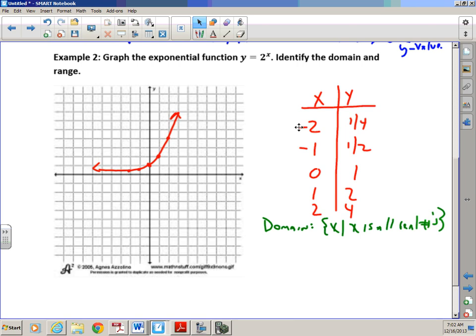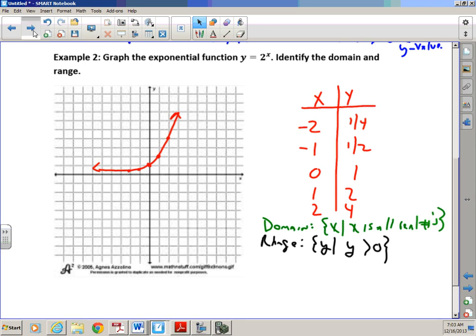And if you notice, my curve is bending to the right because this will slowly keep creeping out. All right? My range for y is greater than 0. Not equal to, greater than 0. Because my y value will never hit that x-axis.